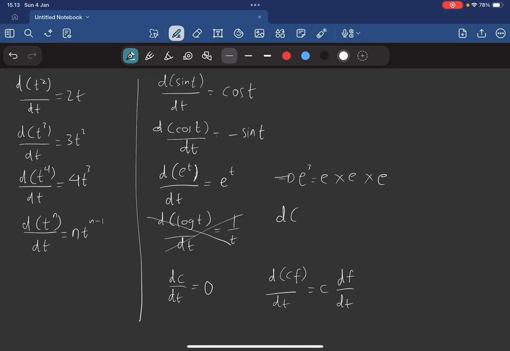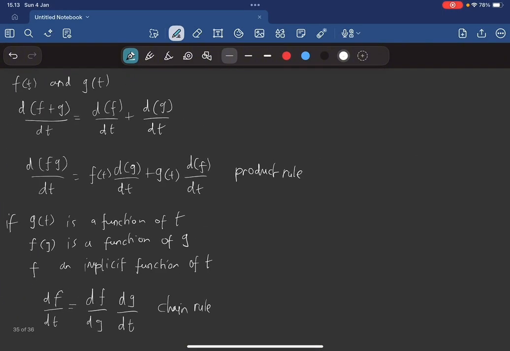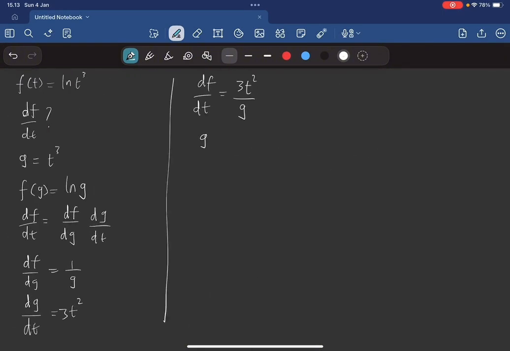This should be the natural logarithm, not just the logarithm. Yes, sorry. So, back to here.